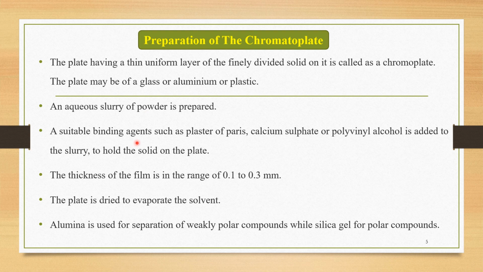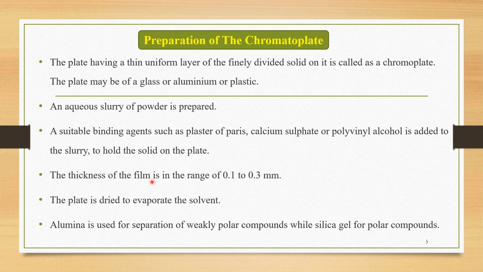A suitable binding agent such as plaster of Paris, calcium sulfate or polyvinyl alcohol is added to the slurry to hold the solid on the plate. So in order to hold such a slurry tightly on the plate, we have to use some type of binding agents. Commonly used binding agents are plaster of Paris, calcium sulfate, or polyvinyl alcohol.